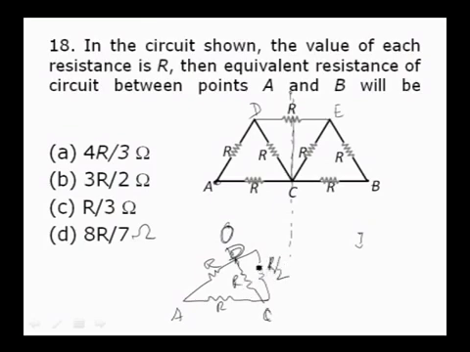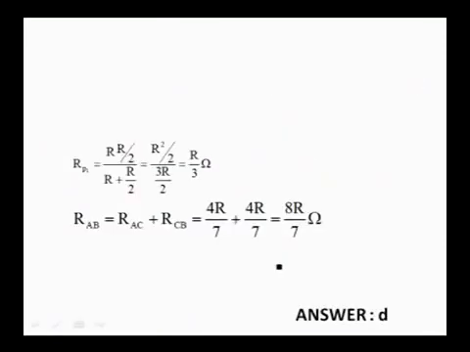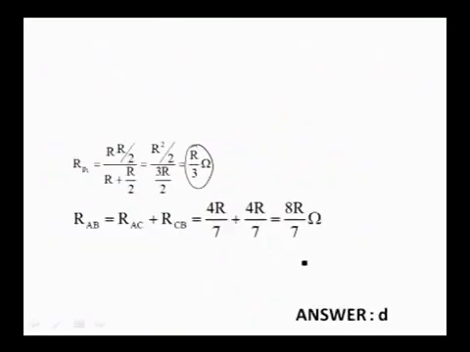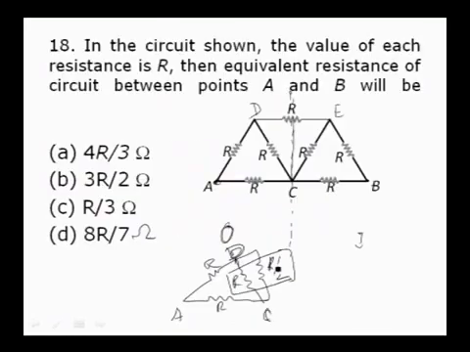You are going to calculate the value of the parallel combination like this: Rp1 is equal to R into R by 2 divided by R plus R by 2. If you make the simplification, you will get the value R by 3. It means the effective resistance of these two is equal to R by 3 ohm. This is R and this is R by 3, they are in series.